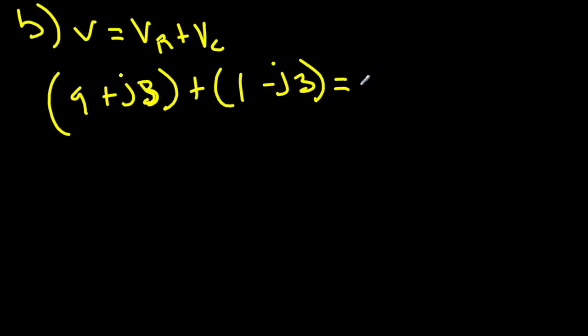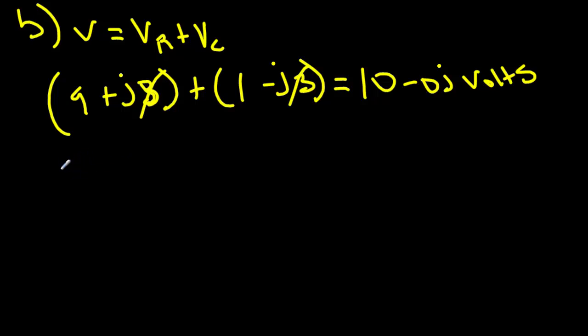Looking at this, the imaginary terms, the j terms, will cancel, and we're left with just a real component, which is 10. So we have 10 minus 0j volts equal to V. Now we want to convert this to polar form.